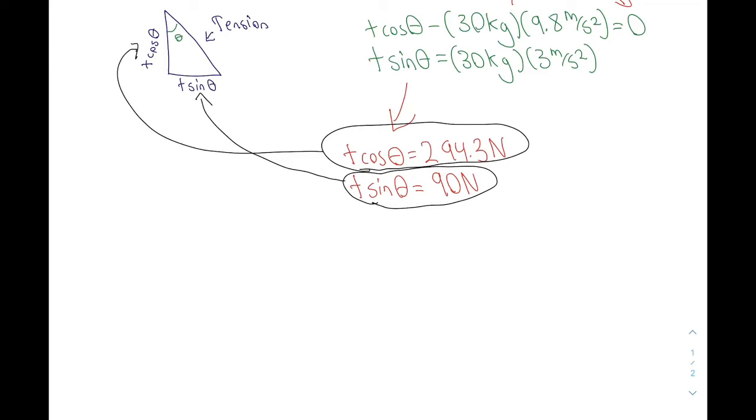And now we can find the tension force. As we can see, this is a right angle, and the tension force will just be the hypotenuse, and we'll use the Pythagorean theorem. So T is equal to the square root of 90 squared plus 294.3 squared.